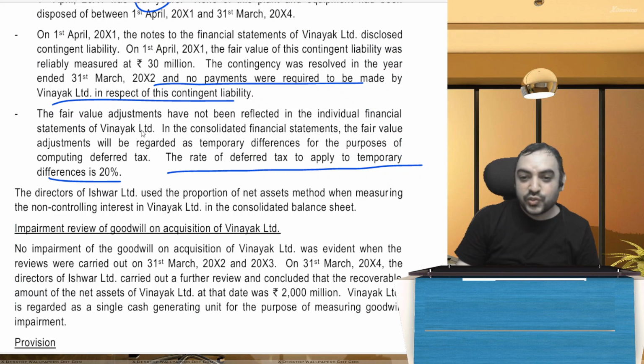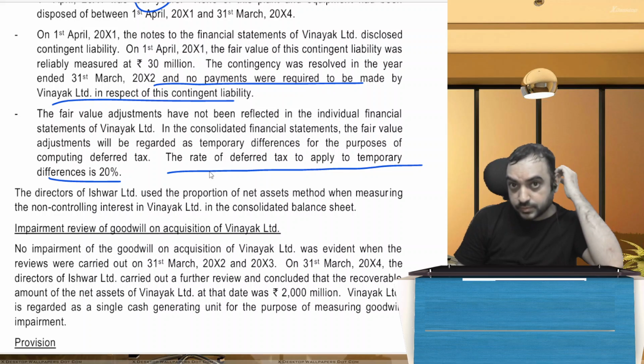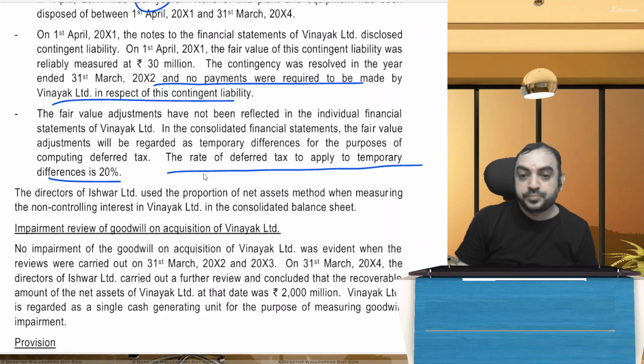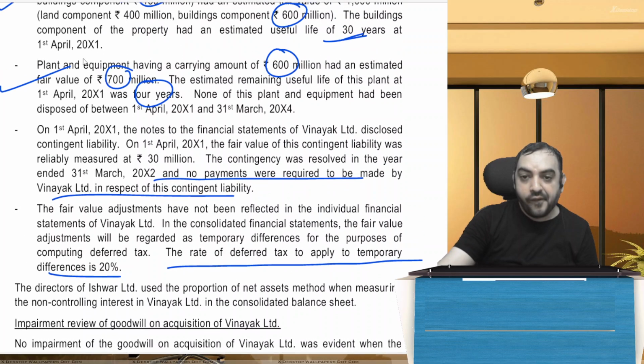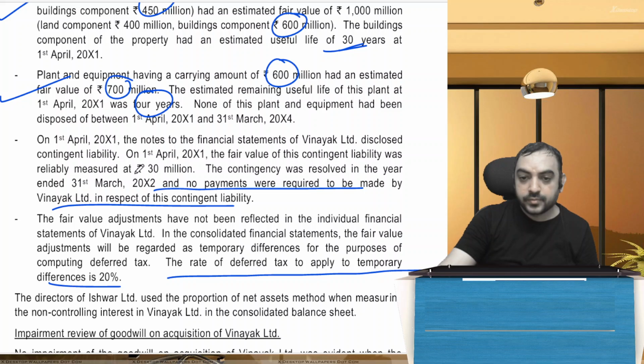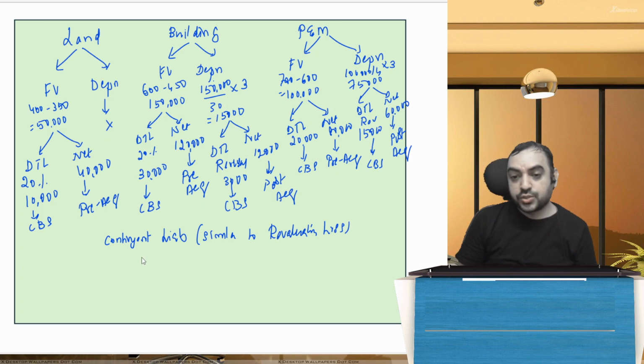Okay, so the amount of contingent liability was 30 million. So 30 into 1000, 30,000. So 30,000 is the impact.